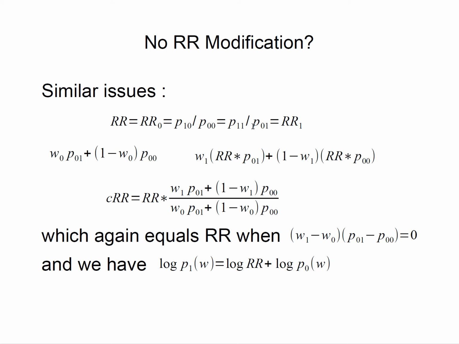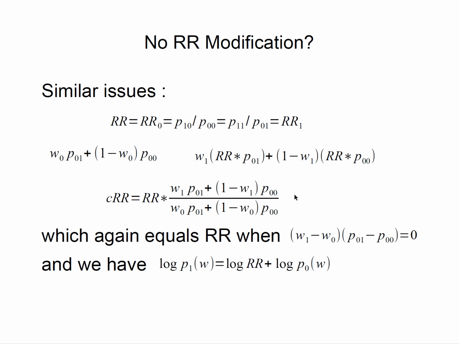Now, with a little bit of algebra, again, one can show the relationship between the assumed common risk ratio and the crude risk ratio, where we're now going to use these two probabilities with the collapsed or crude single 2x2 table. Putting in what the assumed common risk ratio is here, we get this relationship between the crude risk ratio and the assumed common risk ratio.